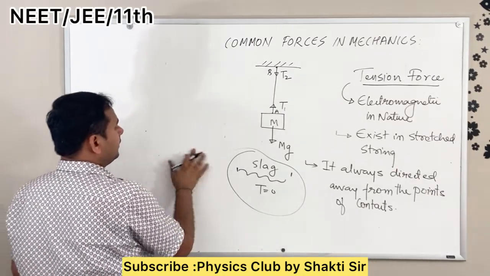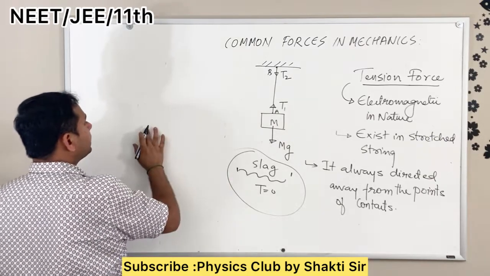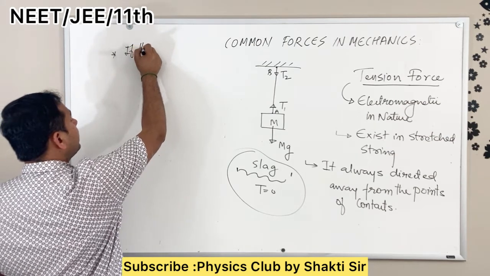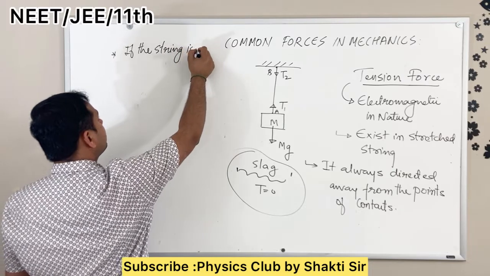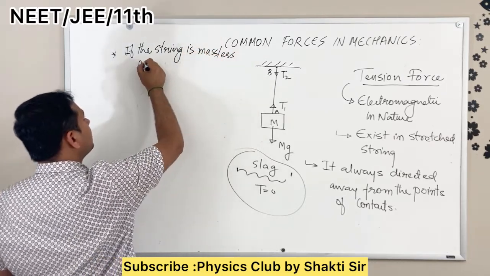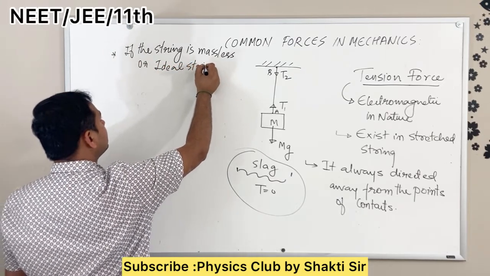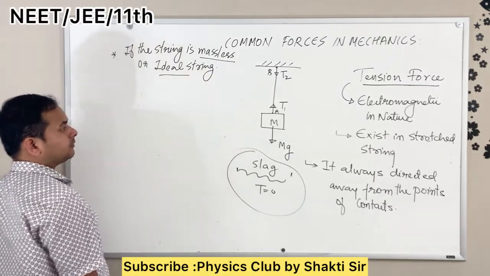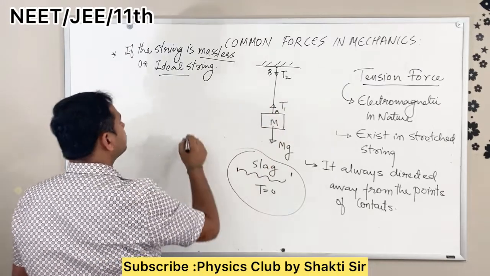There are a few more things we need to know about the tension force. If the string is massless, or we can say an ideal string, massless or ideal string, then the tension remains the same.